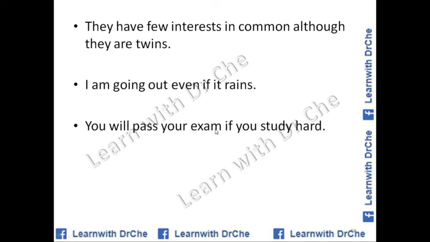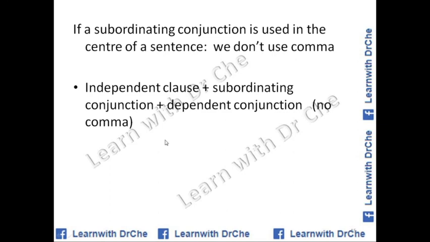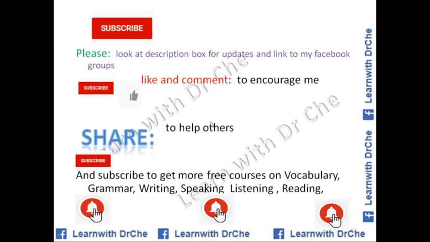You will pass your exam if you study hard. These are the same sentences as before, but here we are using the subordinating conjunction in the center of the sentence, so we will not use a comma. This is the main clause, subordinating conjunction, then dependent clause.